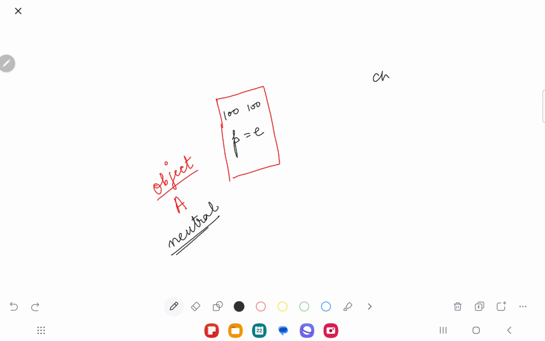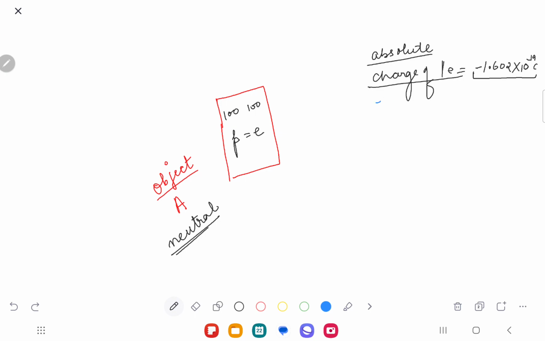The absolute charge of one electron is minus 1.602 into 10 raised to the power minus 19 coulomb. Absolute charge means the exact value of charge that an electron has.